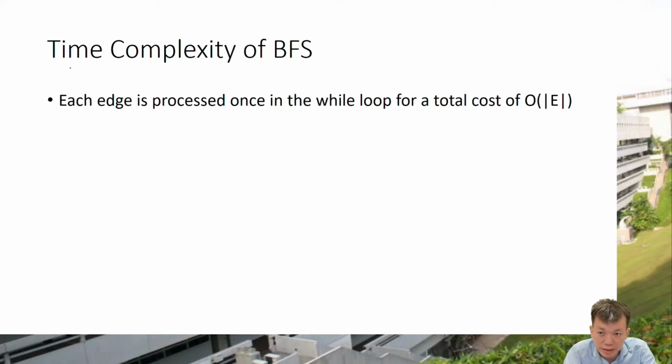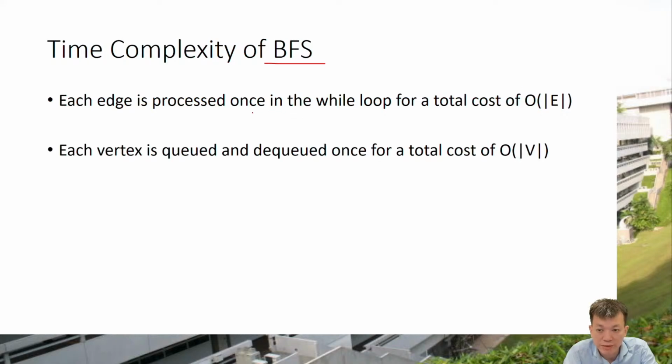So the time complexity of the breadth search depends on how you implement it. Because you can see that you run the loop, the worst case is you visit all the edges, and all the vertices you will queue and dequeue once, because once they are visited, you enqueue them, and next time you will just dequeue them.